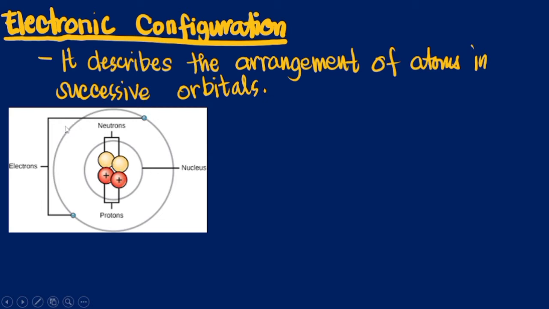And outside the nucleus of an atom are the electrons. They are particularly situated in orbitals. The lines outside the nucleus of the atom are called orbitals. So let us see now where orbitals are really found.